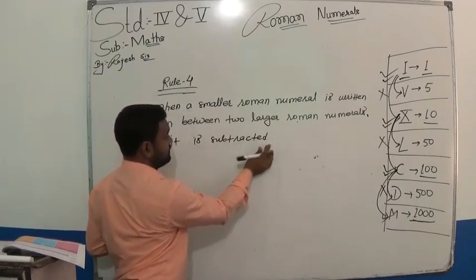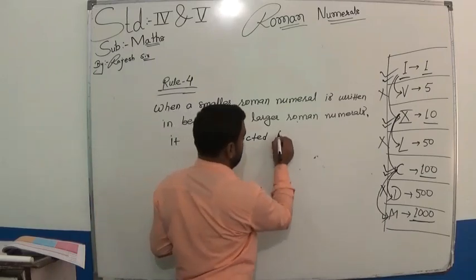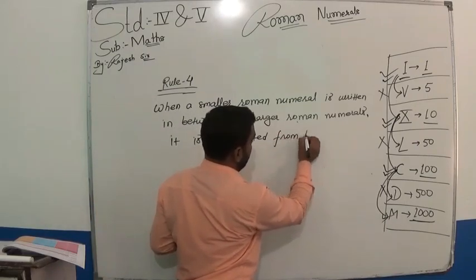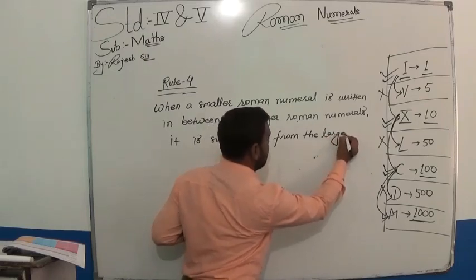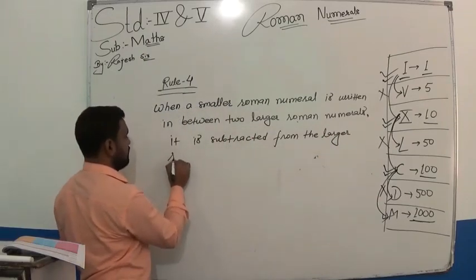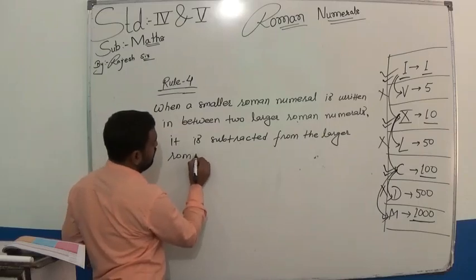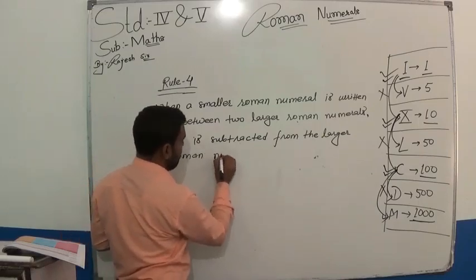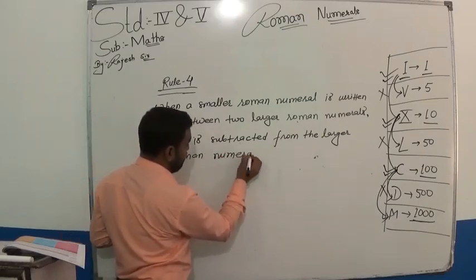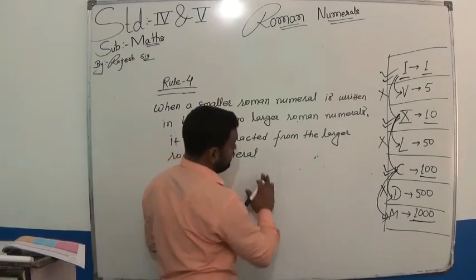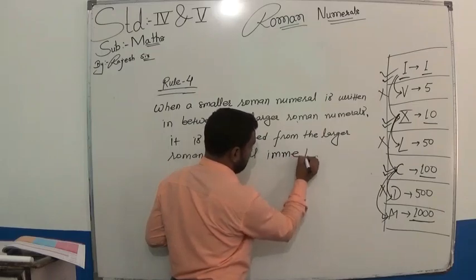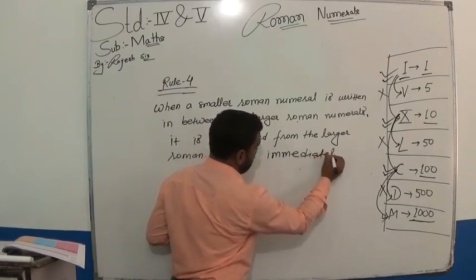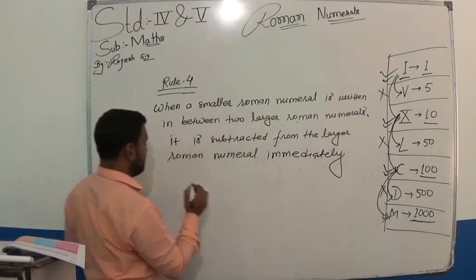It is subtracted from the larger Roman numeral immediately following it.